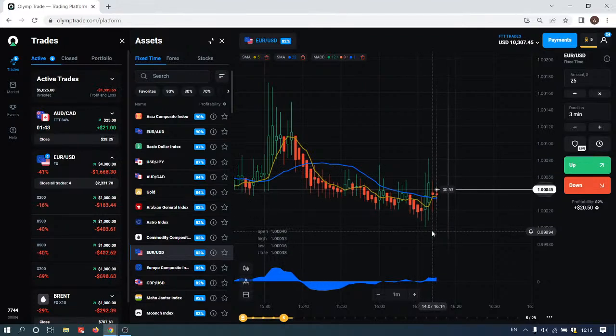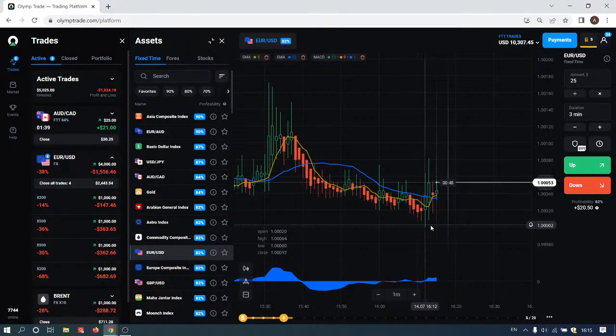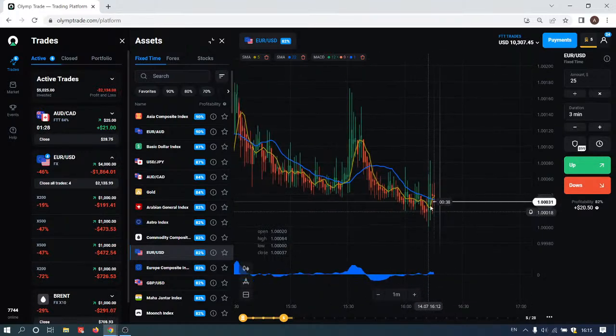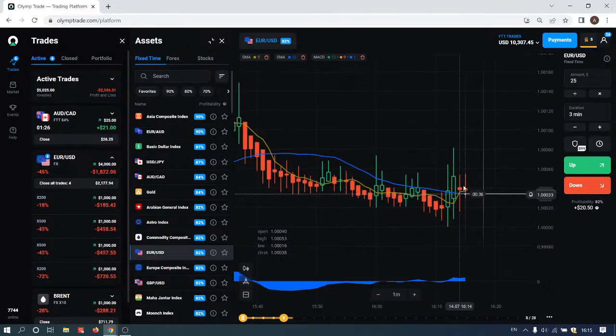In level 2 you can see market depth, how many buy and sell positions are placed at every price, and I bet you have billions of dollars here at the parity level. So that's why we had this little spike.